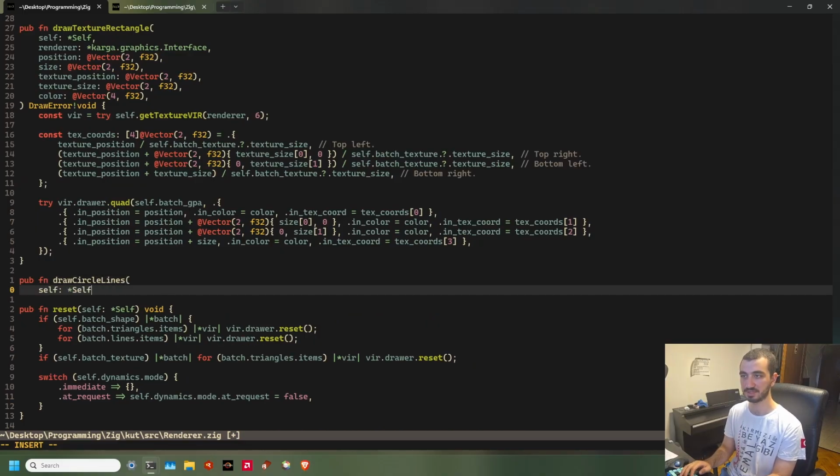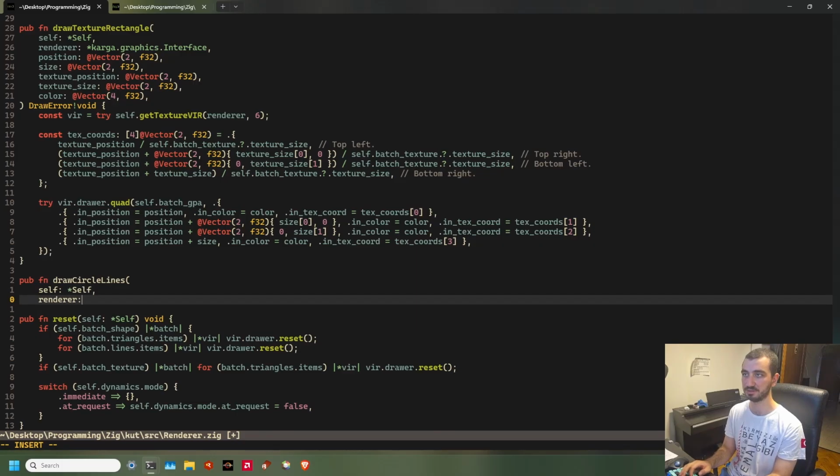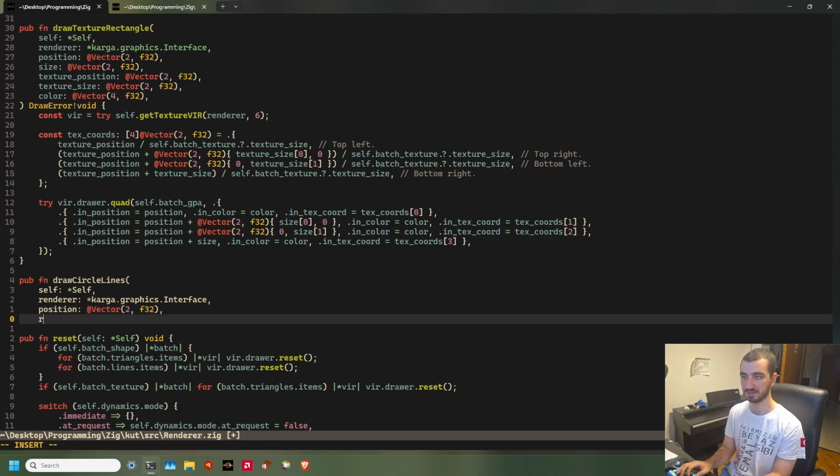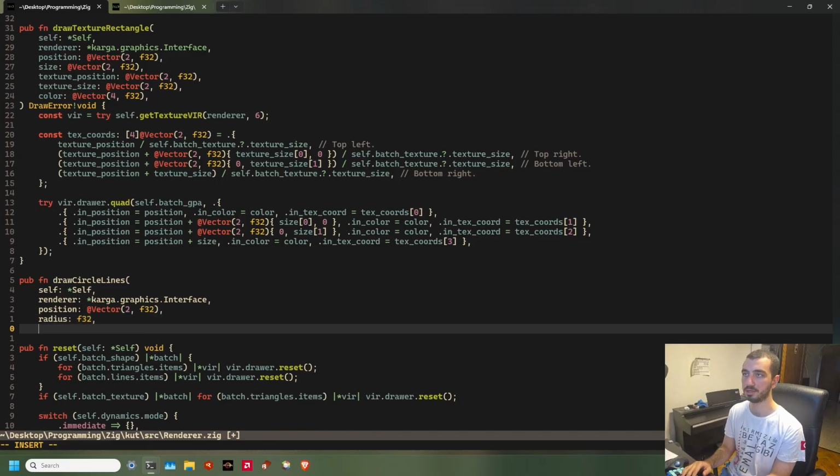And this is going to take itself. It's going to take a renderer, and it's going to take the position, and it's going to take the radius in float, and it's going to take the color.